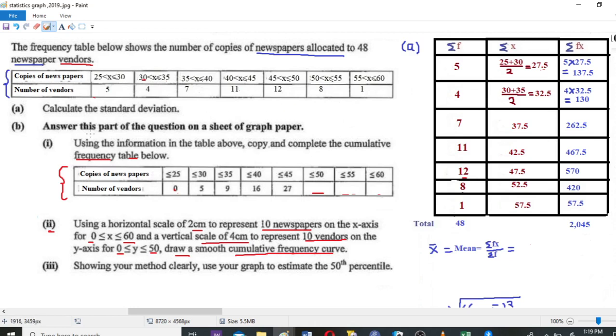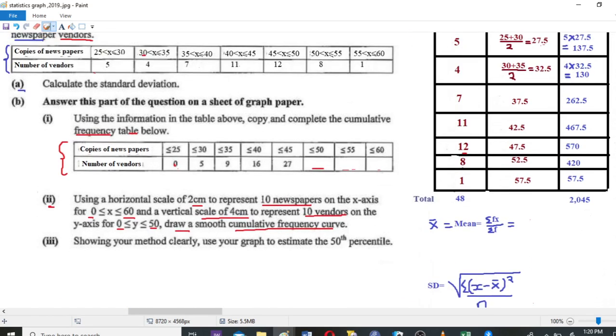Question A says calculate the standard deviation. How do we calculate it? First you need to calculate the mean, because of what the formula needs. Look at the formula here. This is the formula we use to calculate the standard deviation.